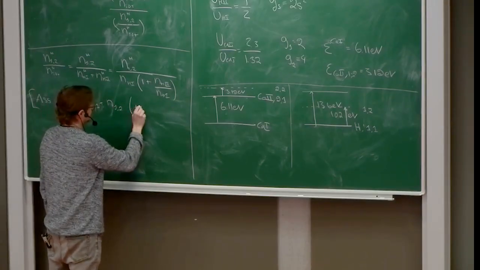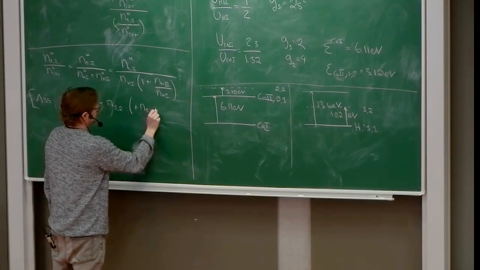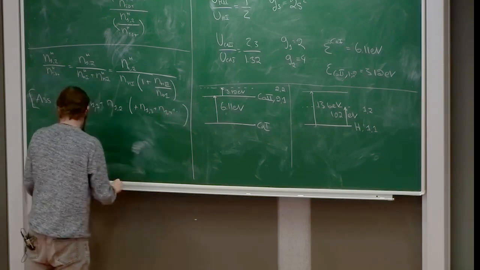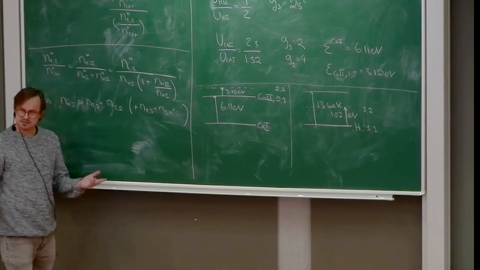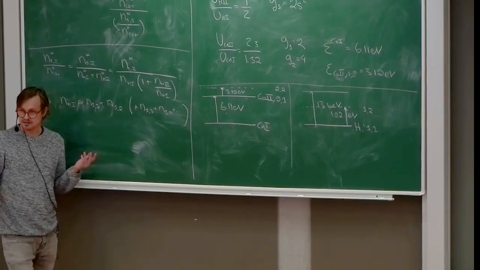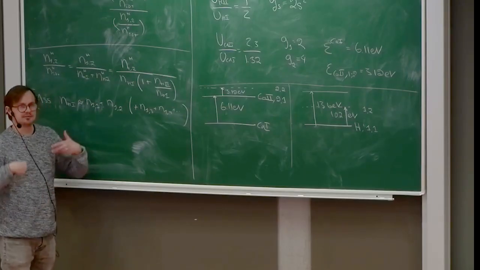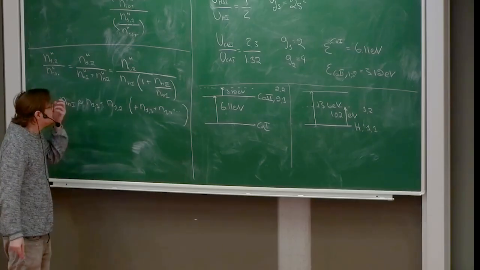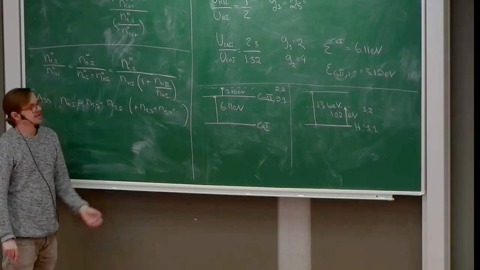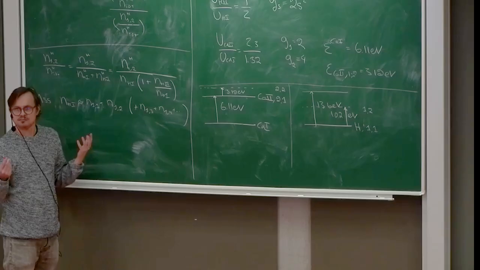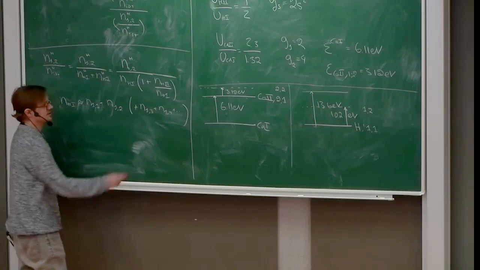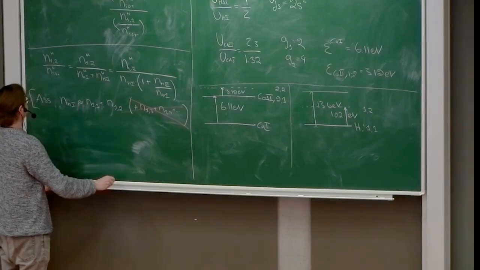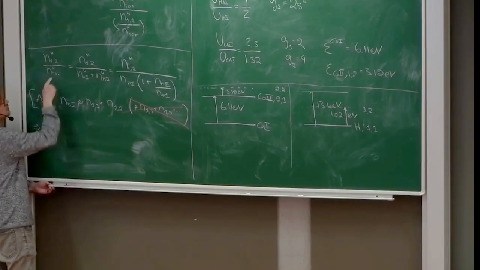So really here, there should be plus N_{13} plus N_{14}, etc. But as we discussed, because of the influence of this exponential Boltzmann factor, the populations in the excited states are typically much smaller than those in the ground state. So we neglect these.